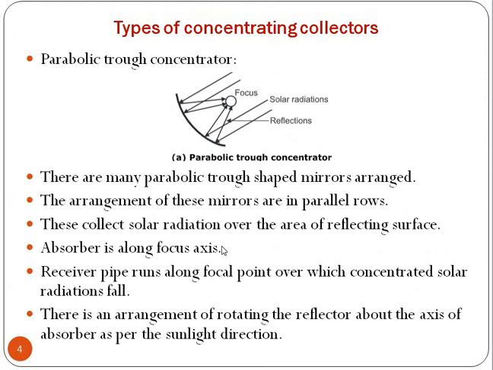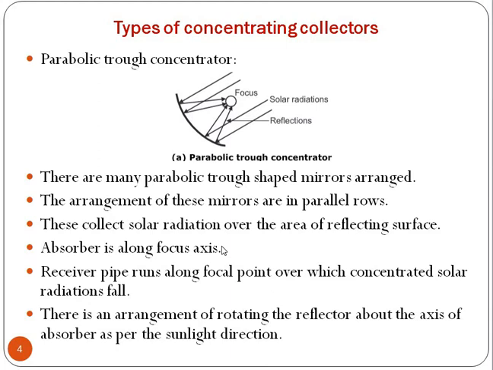Before going to the schematic diagram, we have to understand what a parabolic trough concentrator is, in which different trough shaped mirrors are arranged in parallel rows. These collect solar radiation over the area of the reflecting surface.